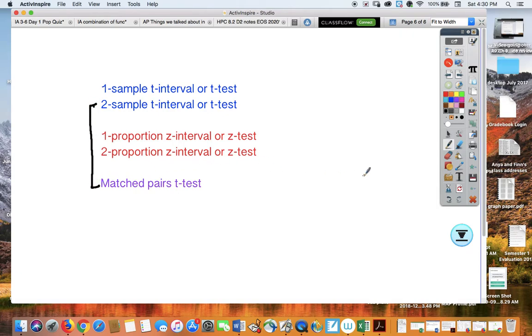So if I had to guess, I would say one of those would probably be on the AP test. T always goes with sample. Z always goes with proportion. What else did I want to say about that? I can't remember.